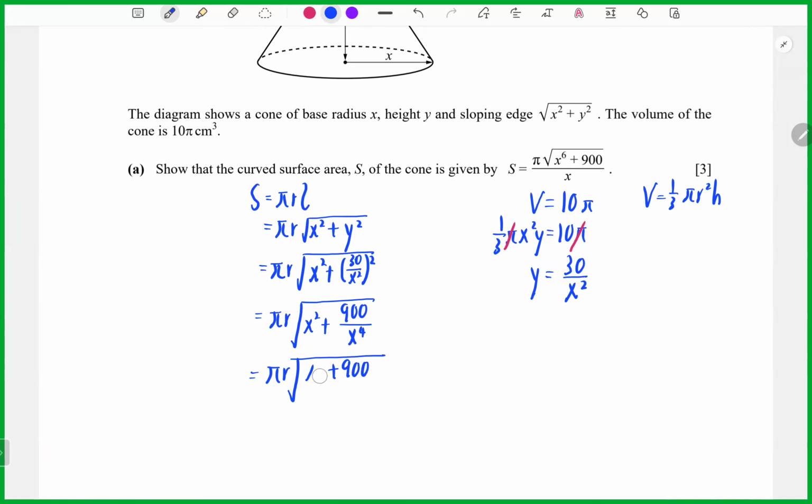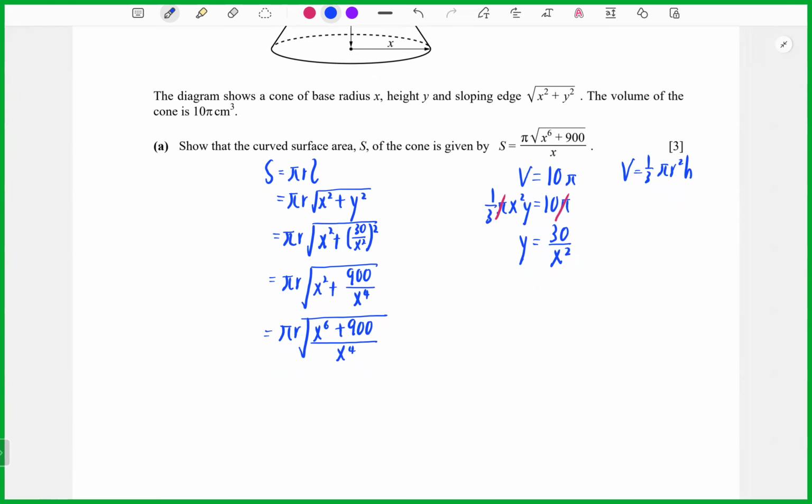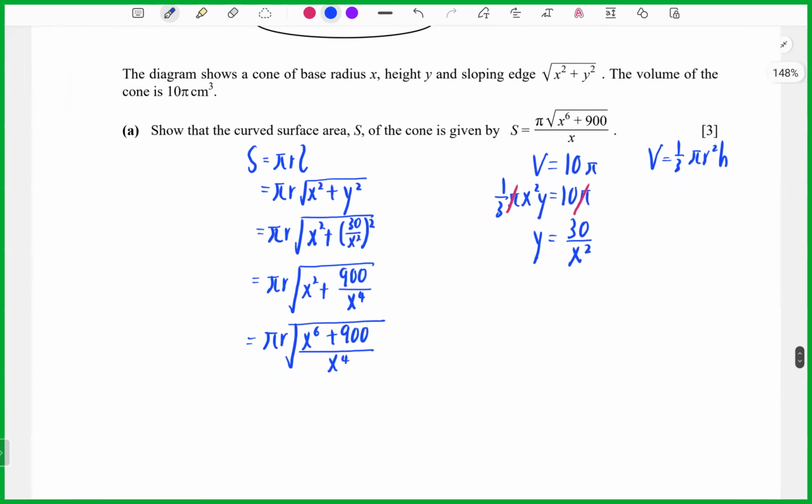For the denominator x power 4, so here is x power 6 over x power 4. Oh yeah, I already forgot, the radius actually is x here.